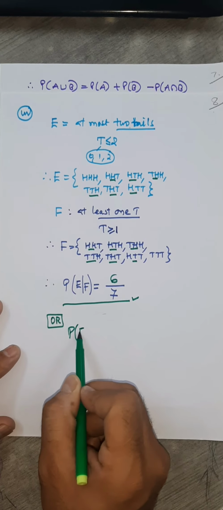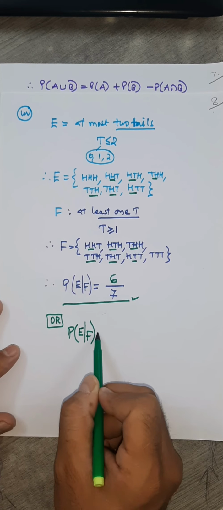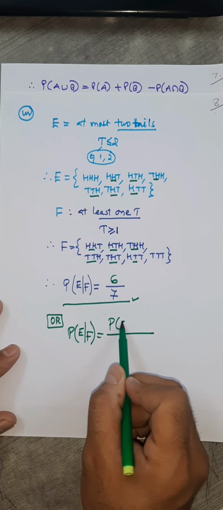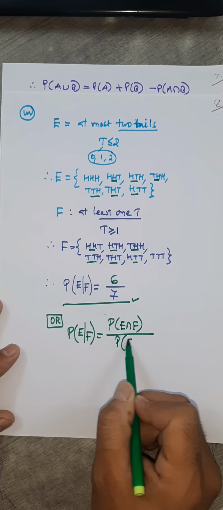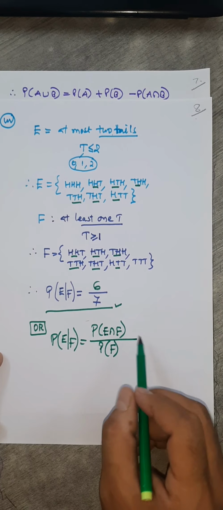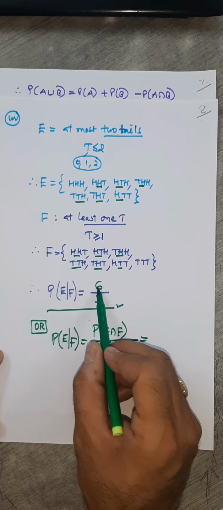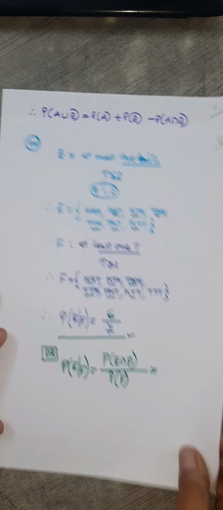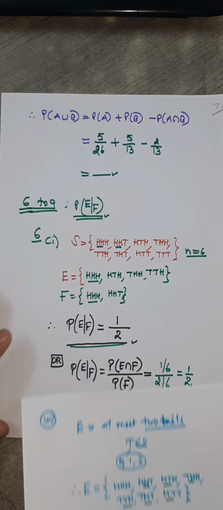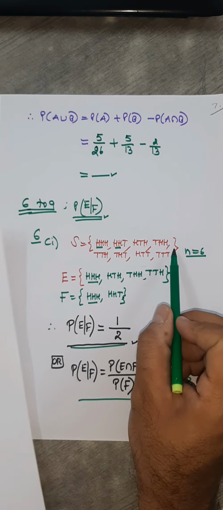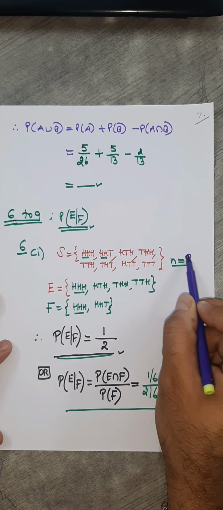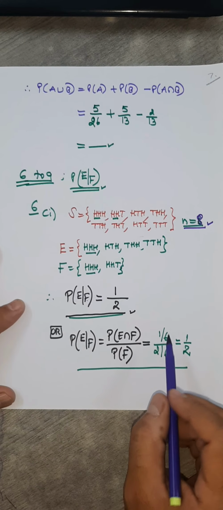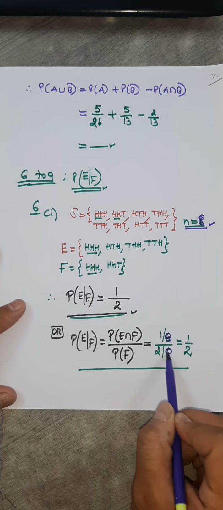You can use the formula for E given the event F. You write probability of E intersection F upon probability of F. Now what is the intersection? That is 6. But the main sample space has how many outcomes? Oh sorry, this is my mistake. There are 8 outcomes. The main sample space has 8. So there is a correction here, 8, 8.